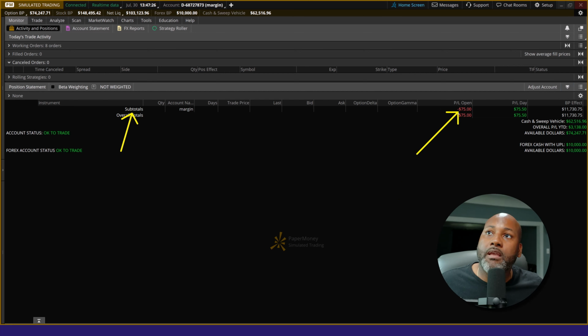We're losing $75. It's bouncing around because the market is open right now. That's what we're currently losing with our active positions. Over here for the day, though, we're up $75.50. We got that.